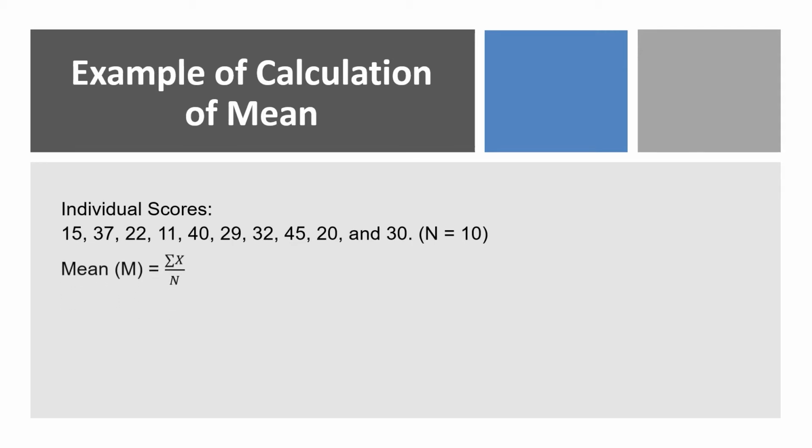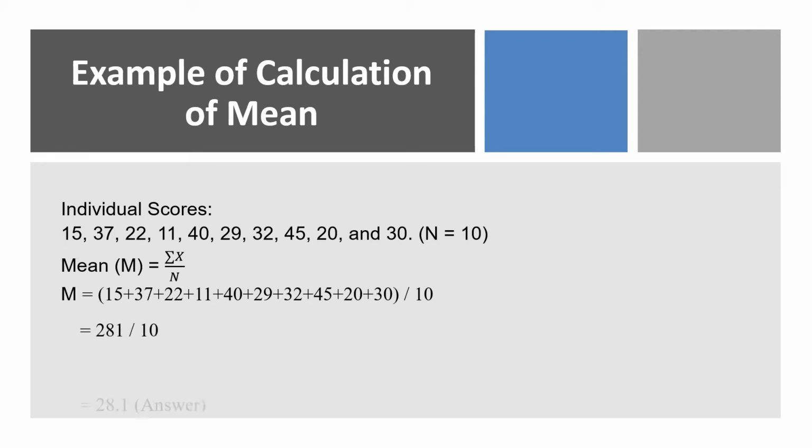So mean is ΣX / N. I have added all the 10 scores, 15 plus 37 plus 22, and divided by 10. If I add all these individual scores, it is 281, and 281 divided by 10 is 28.1. So 28.1 is the mean score of this group.